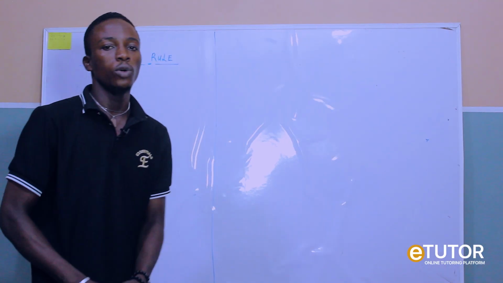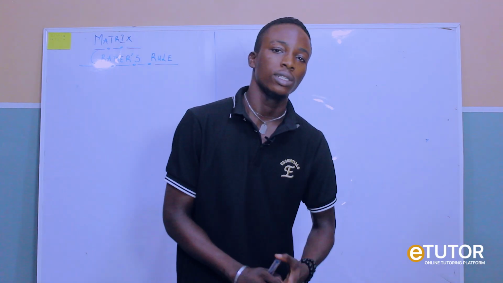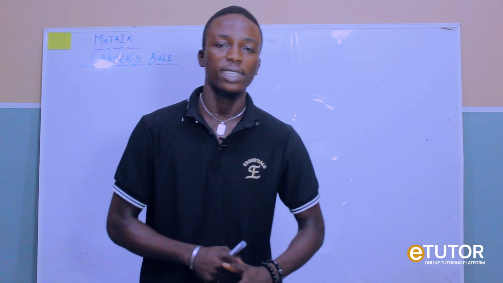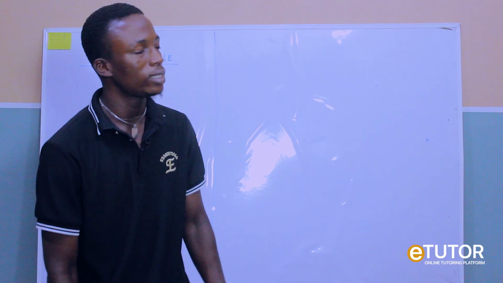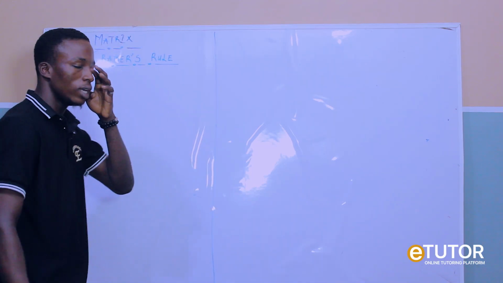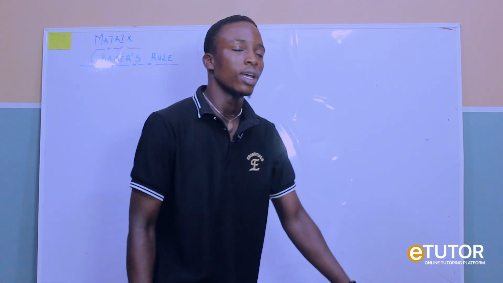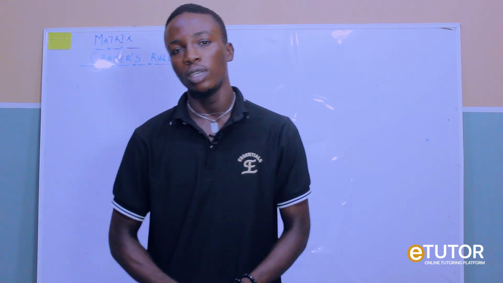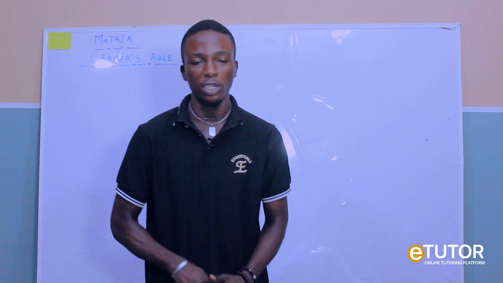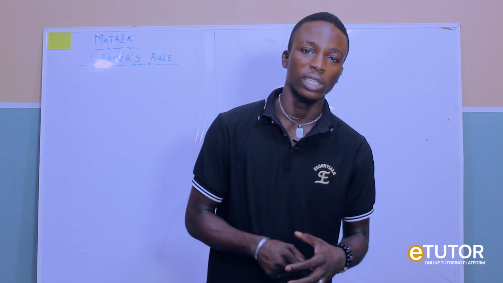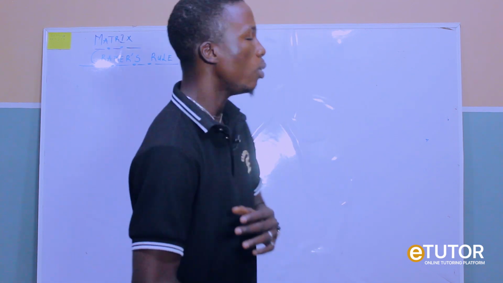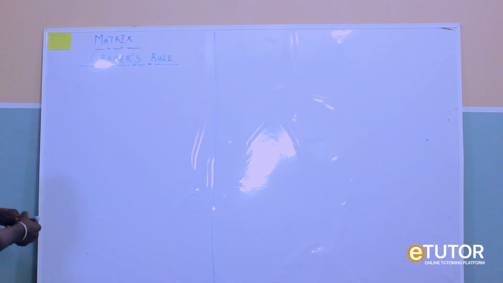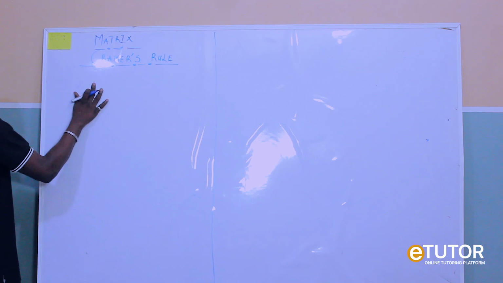All right, so now that you are familiar with matrices and determinants, the next thing we are going to look at is Cramer's rule. Now, what exactly is Cramer's rule? Cramer's rule is a method that is used to solve simultaneous linear equations using matrices. So let's say we have an example of an equation like this.